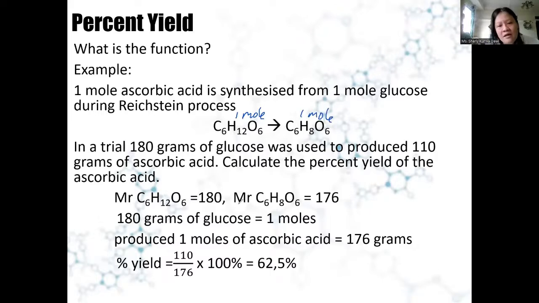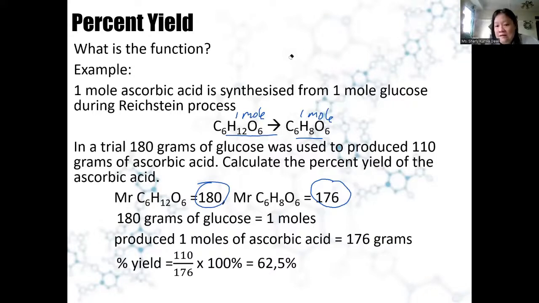Both are 1 mole, so you can calculate the MR of both. The MR of glucose is 180 and the MR of ascorbic acid is 176.